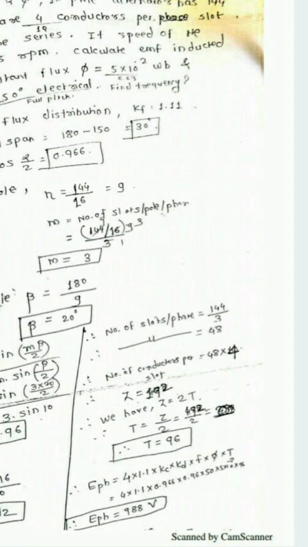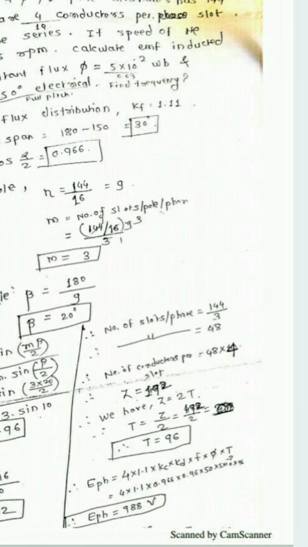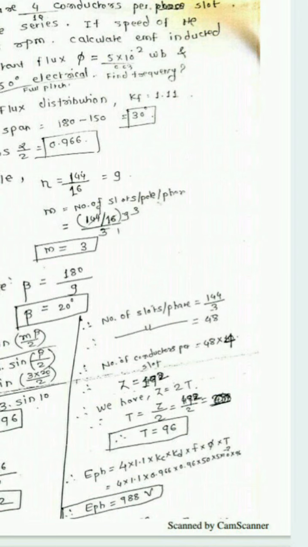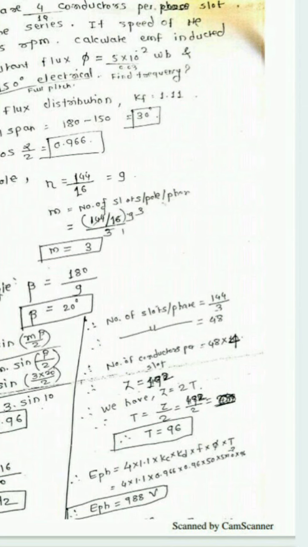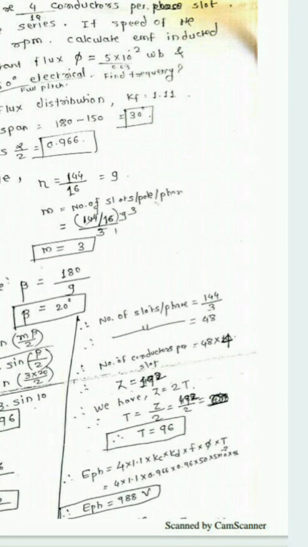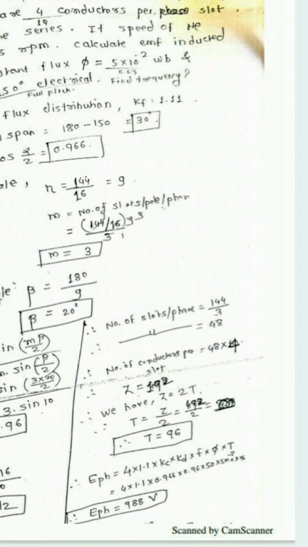The value of T is 96. Substituting all these values, we get the EMF generated per phase as 988 volts.